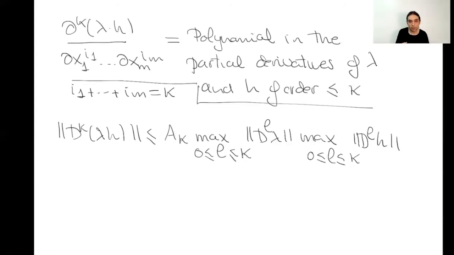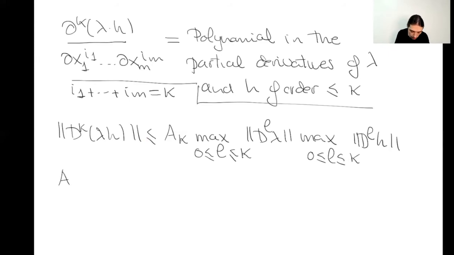For instance, we could consider the norm for the first derivatives as the supremum of all the first derivatives in some compact set. So here we're not specifying where we are working, but we are always going to have this kind of formula when we evaluate at a point. And this is going to be really important.